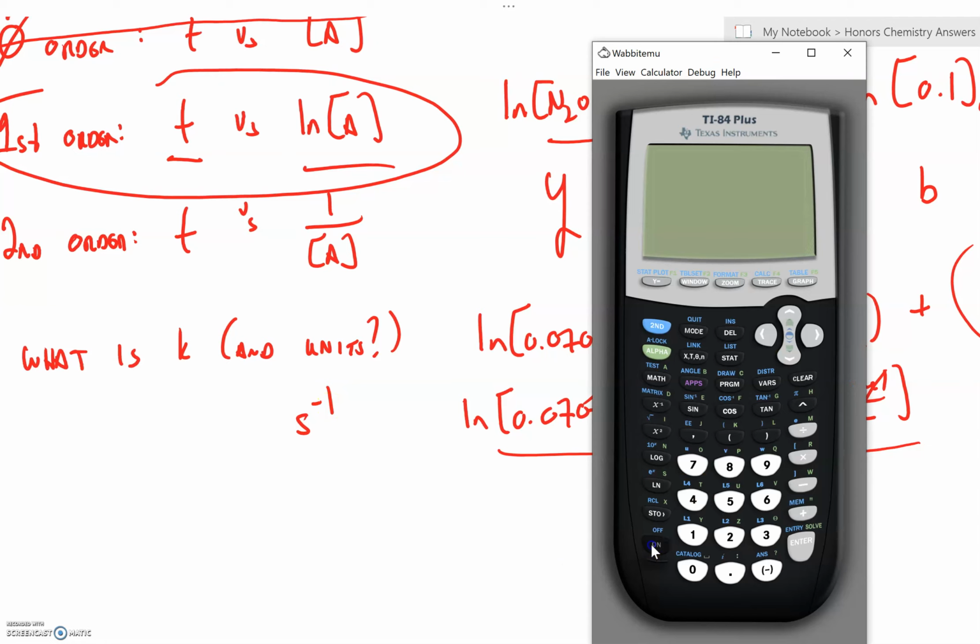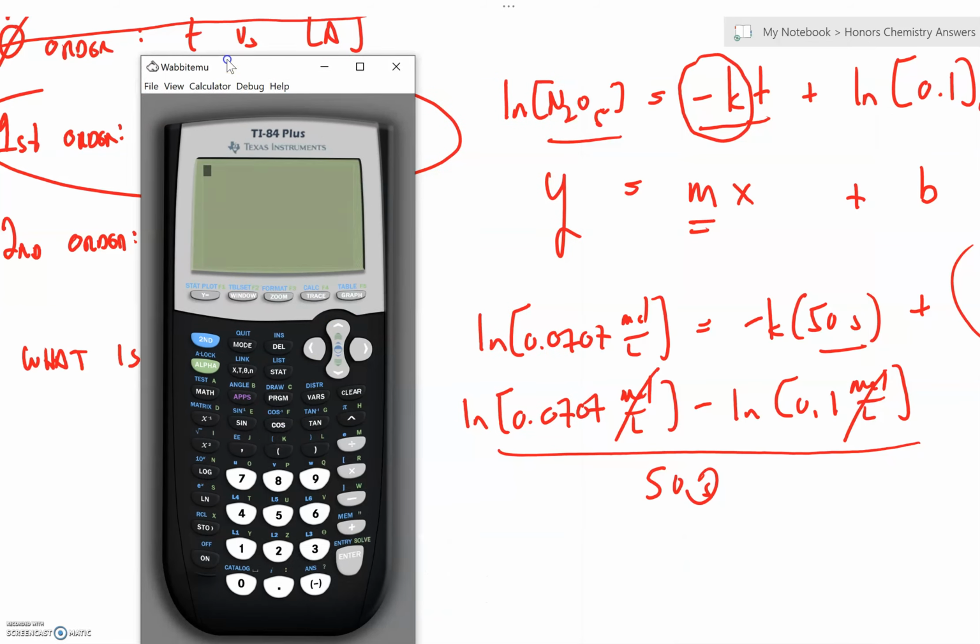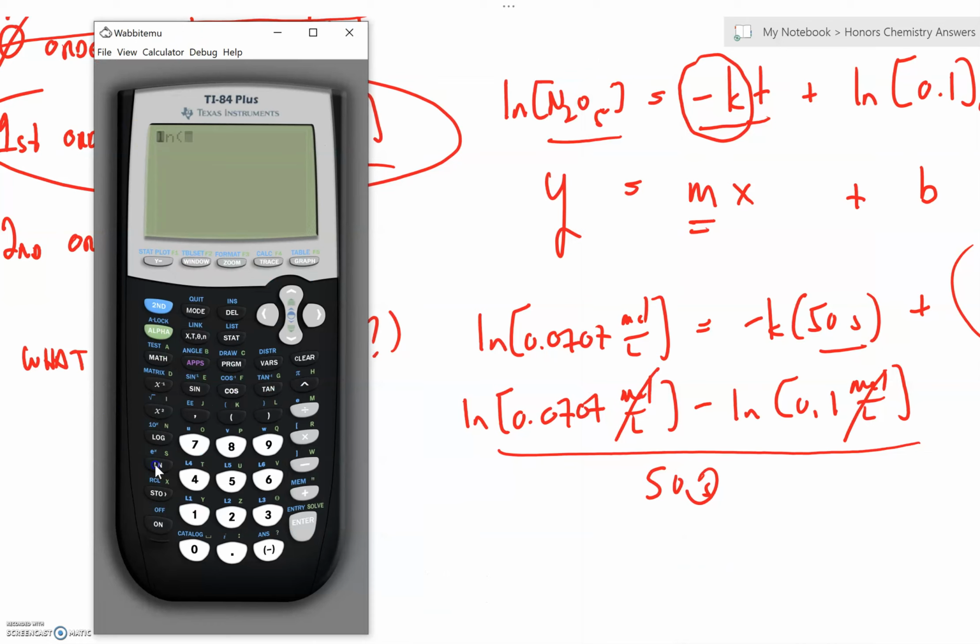So we're going to turn our calculator back into a calculator again. And let me move this over so I can see what I'm doing. We're going to take the natural log of 0.0707. From that, we will subtract the natural log of 0.1. And we'll divide, well, let's take care of this first.